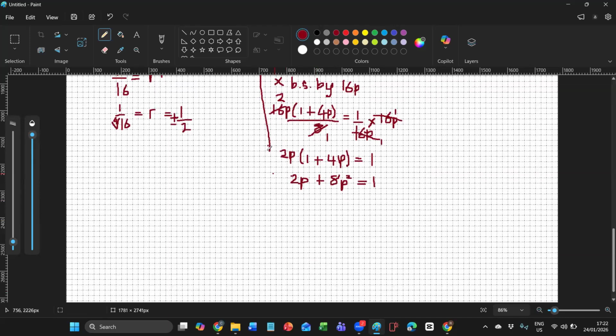Okay, and so let's make it a full quadratic equation. I'm going to rearrange it now so that when I'm substituting it will be easy for me to pick out which is which. 8p squared plus 2p. I'm just rearranging things. I'm not moving anything on the left.